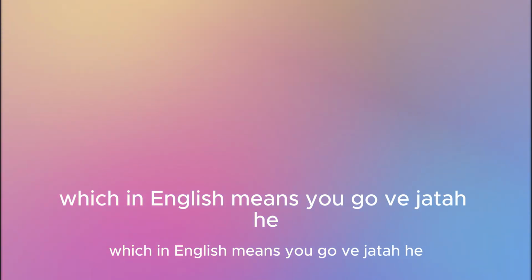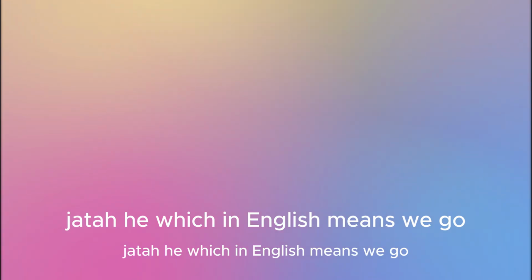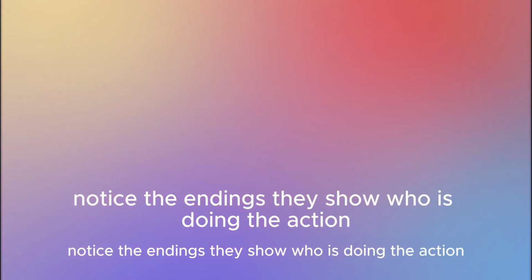Veh jata hai, which in English means he goes. Hum jate hain, which in English means we go. Veh jate hain, which in English means they go. Notice the endings. They show who is doing the action.